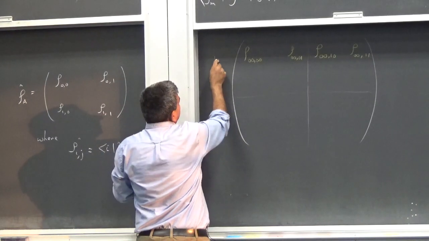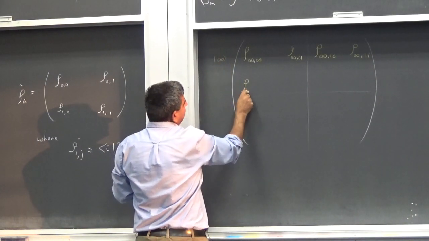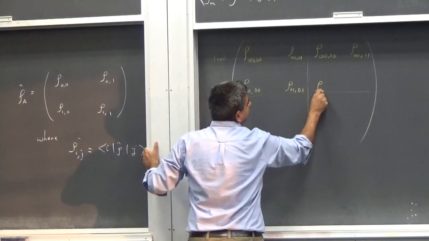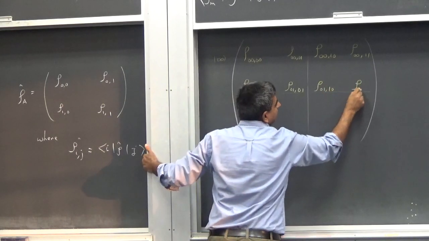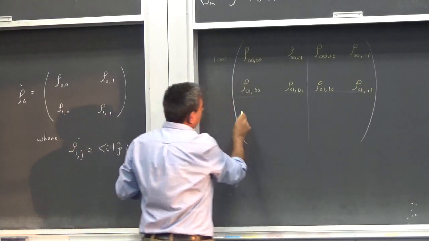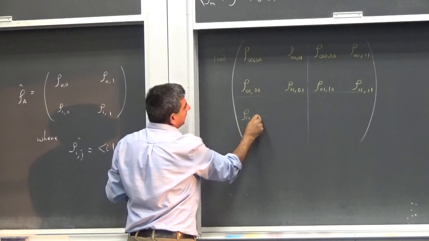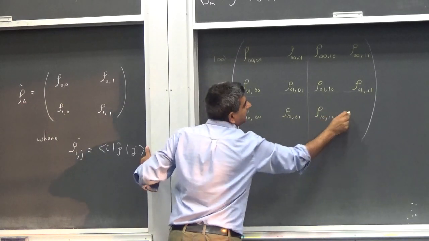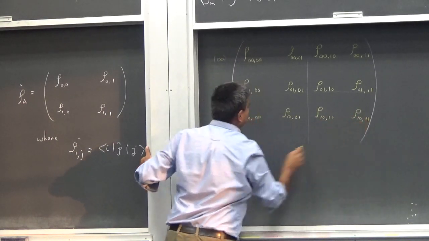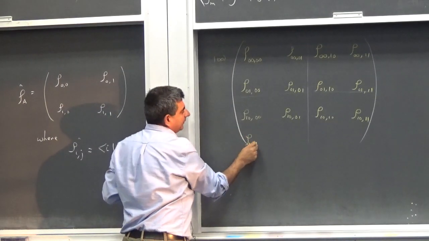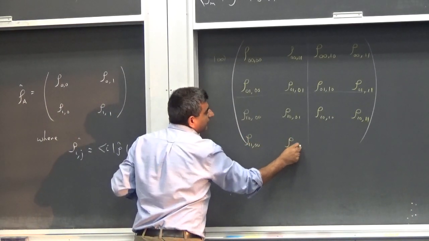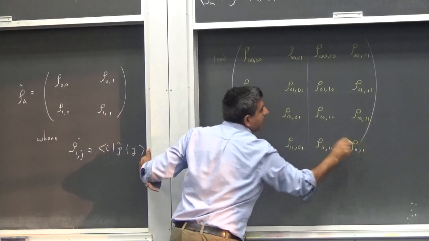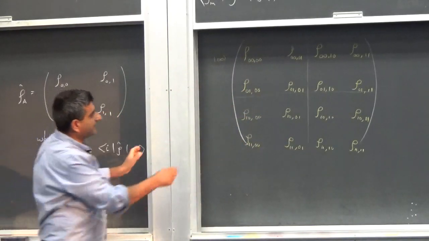Then the second row, 0, 1, 0, 0, 0, 1, 0, 1, 0, 1, 1, 0, 0, 1, 1, 1. Row 1, 0, 0, 0, row 1, 0, 0, 1, row 1, 0, 1, 0, row 1, 0, 1, 1, row 1, 1, 0, 0, row 1, 1, 0, 1, row 1, 1, 0. These are the elements in the big matrix row AB.